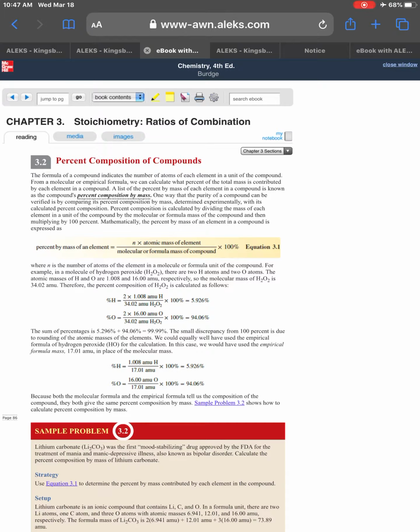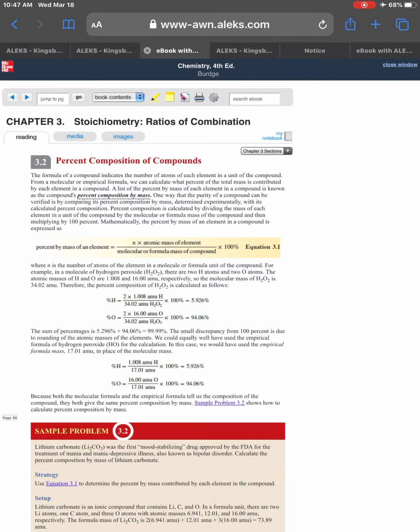It says where N is the number of atoms of the element in a molecule or formula unit of the compound. For example, in a molecule of hydrogen peroxide, H2O2, there are 2 hydrogen atoms and 2 oxygen atoms. The atomic masses of hydrogen and oxygen are 1.008 and 16.00 AMU, respectively.